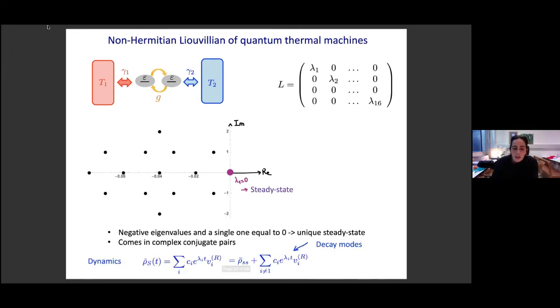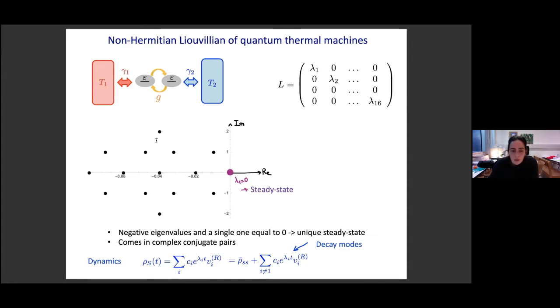It's not always the case that your open quantum system has a unique steady state. There are some conditions to know whether your system has a unique steady state or not. Here in our case, we have a unique steady state. This is why we just have one single eigenvalue with a zero real part.